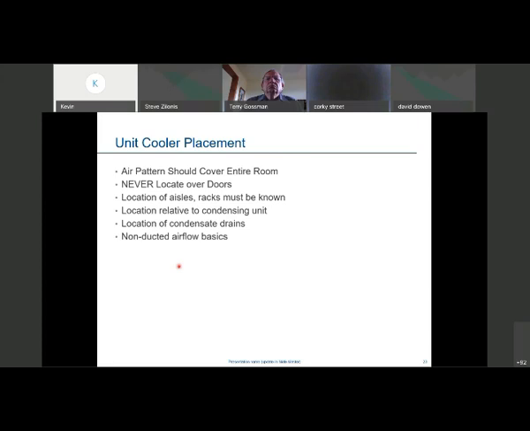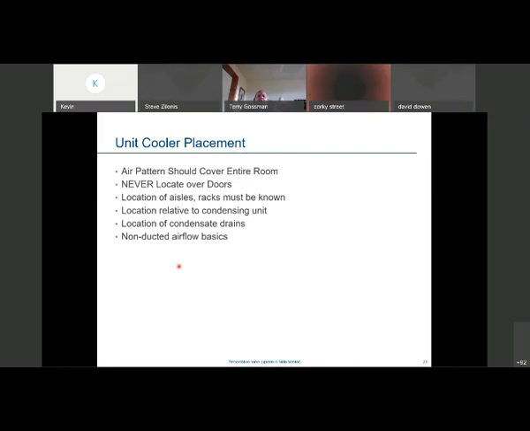So you've got to take into consideration where you're going to put that evaporator. Location of aisles and racks that are going to be going into the walk-in, if there are any, then you've got to figure that out. And the location relative to the condensing unit is important too. You don't want a condensing unit that's way over here and an evaporator in the walk-in box when you can have the condensing unit closer.